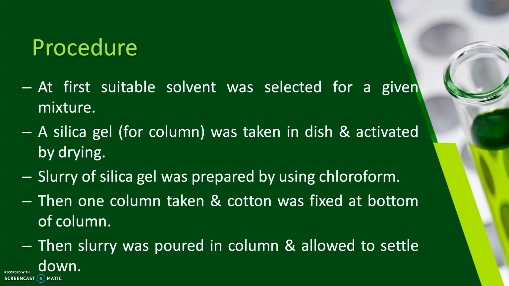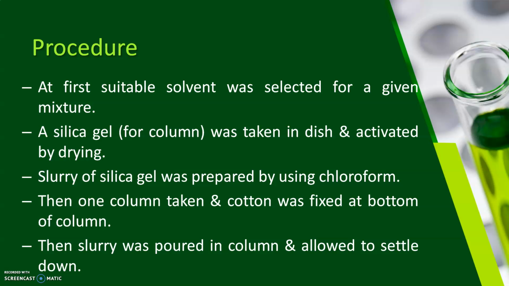There are two methods available for packing the column, that is dry packing or wet packing. In dry packing, we simply put the dry powder and then add the solvent or the mobile phase and pack the column. In wet packing, we first make the slurry and pour it into the column. We can use any method as per your convenience.